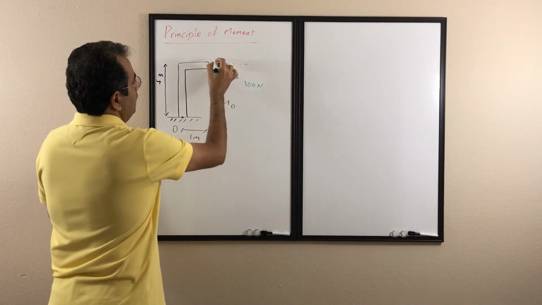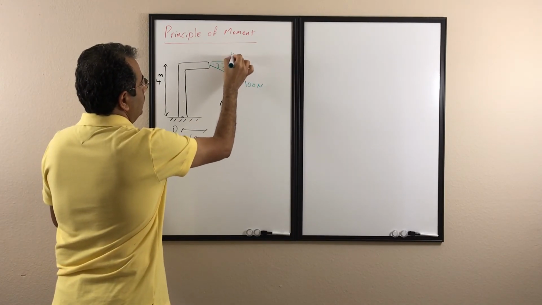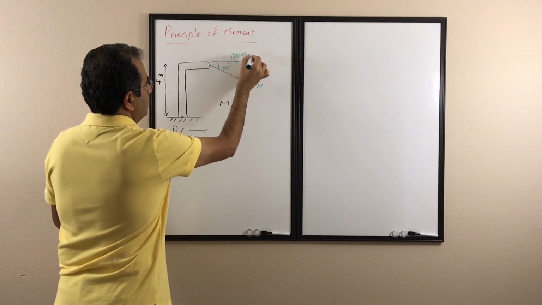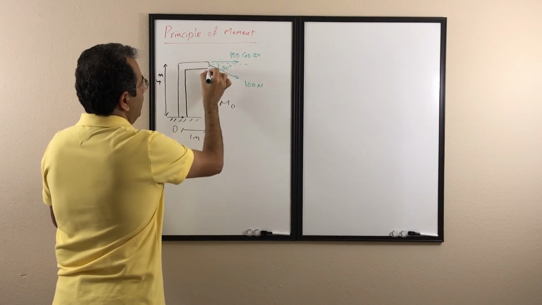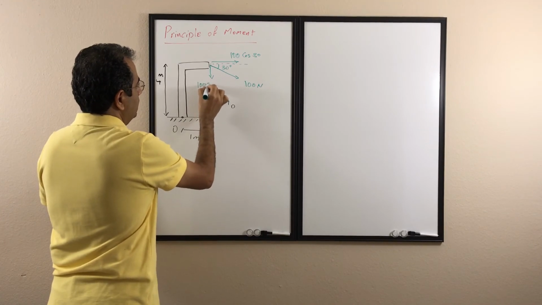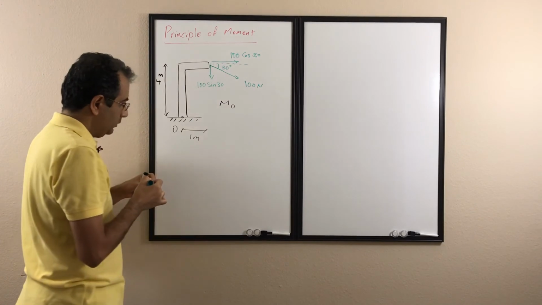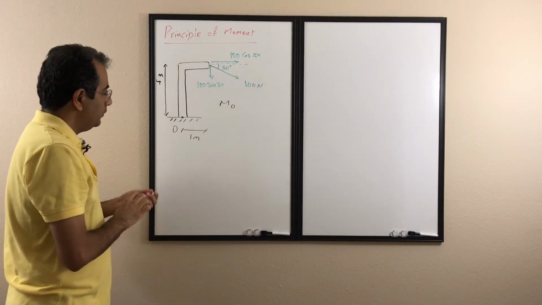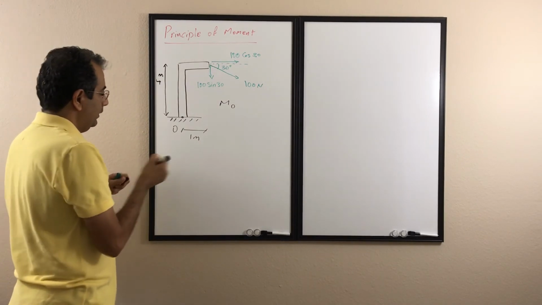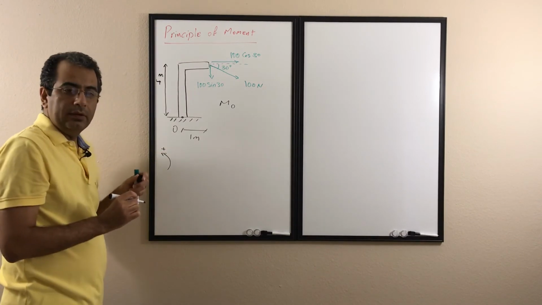So the x component of that force is going to be 100 cosine 30, and its y component is going to be 100 sine 30. Then we will calculate for the M. First we consider that counterclockwise is our positive for the moment.